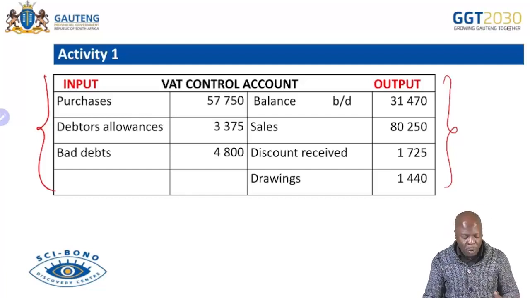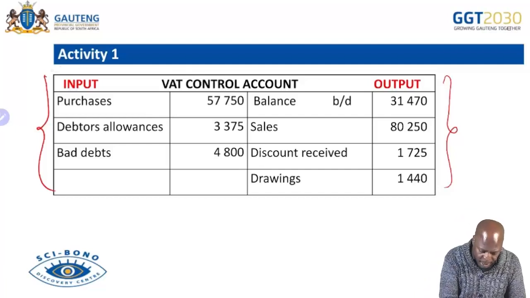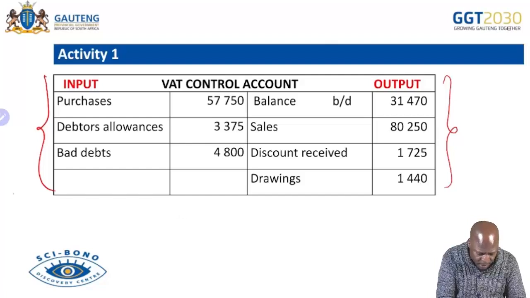So I want you now to add your debit and your credit side. Let's start with the input side. I want you to tell me how much you're getting on the input side. I'm getting 65,925.